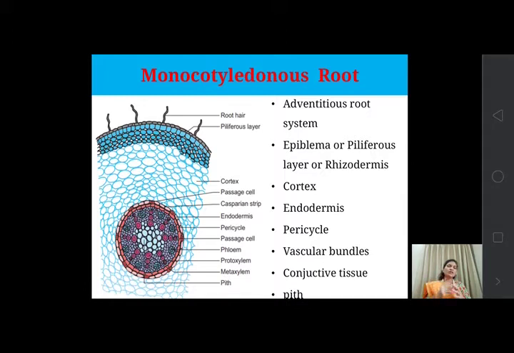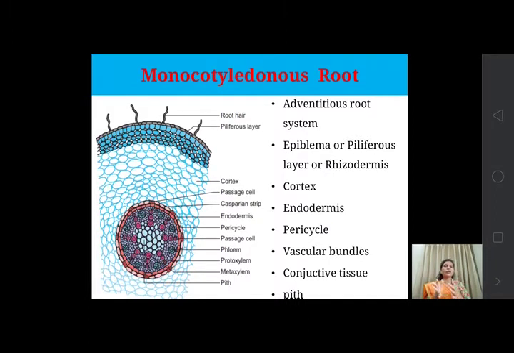But in case of root, it is always known as epiblema, as it contains hair-like unicellular or multicellular projections. Hence it is known as the piliferous layer, or also the rhizodermis.